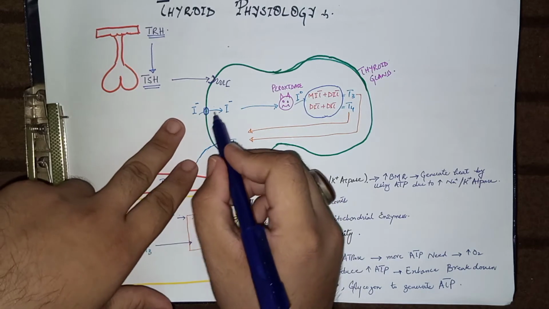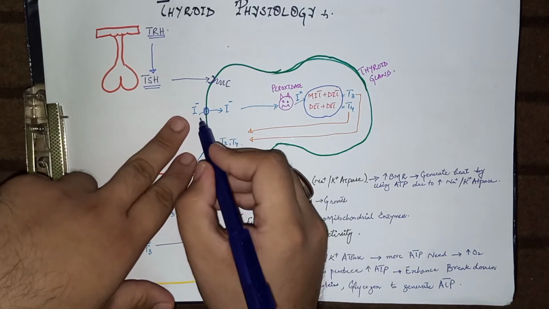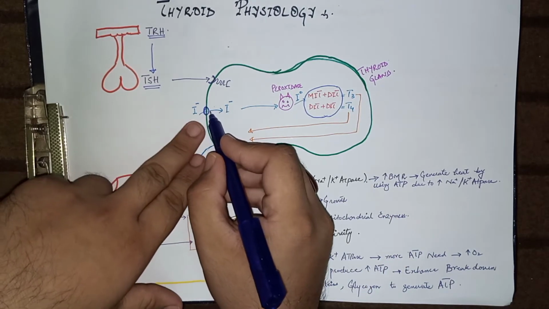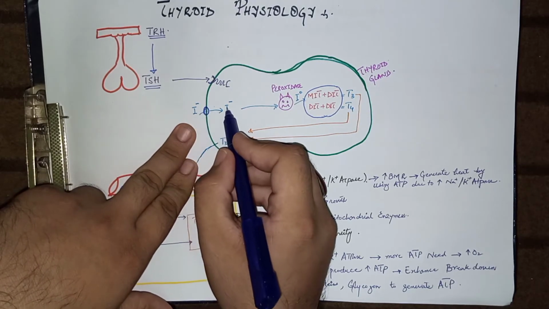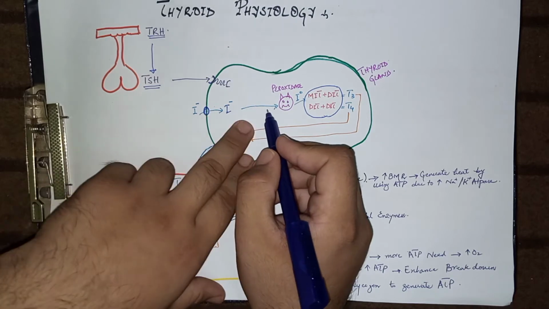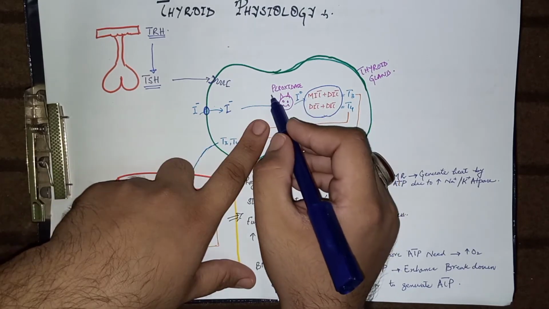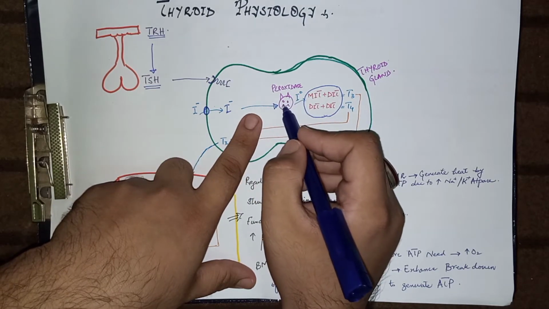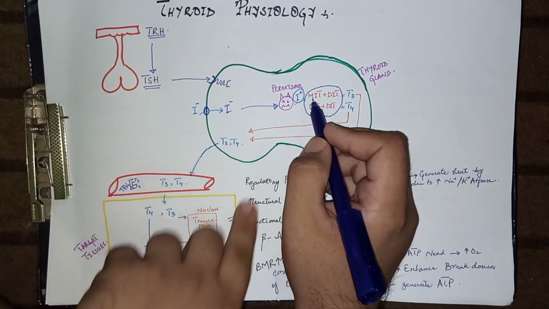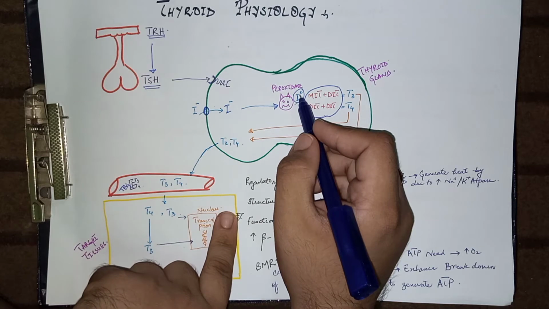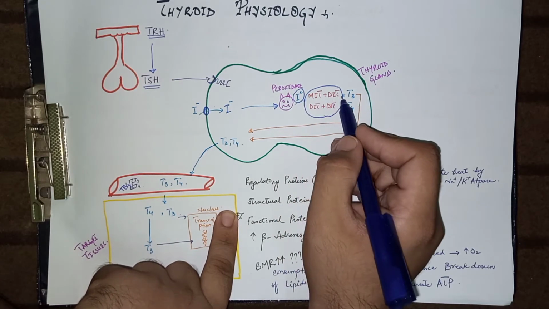So start with the formation of T3 and T4. This is the iodide pump on the follicular cells, where active transport of iodide is going on. When the oxidase enzyme on the apical surface acts on this iodide, it converts it into iodine, and when this iodine is incorporated with the thyroglobulin protein and tyrosine amino acid, MIT and DIT are formed.